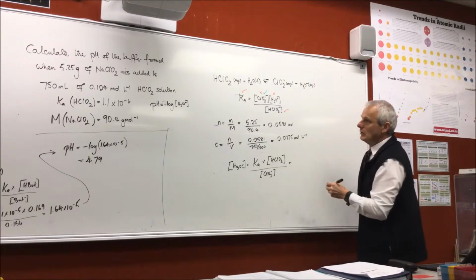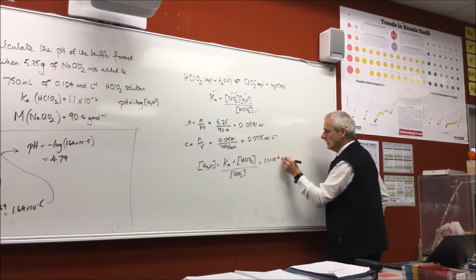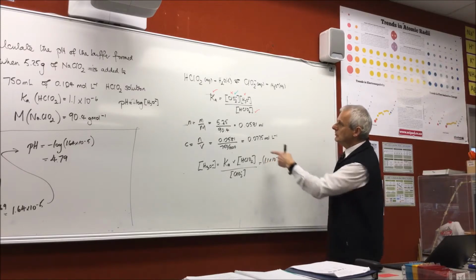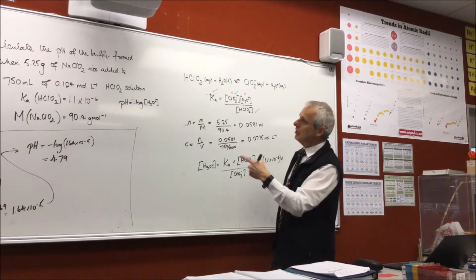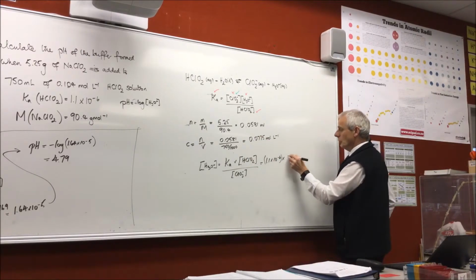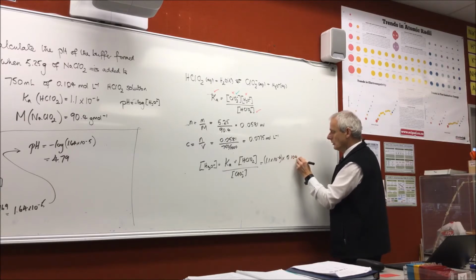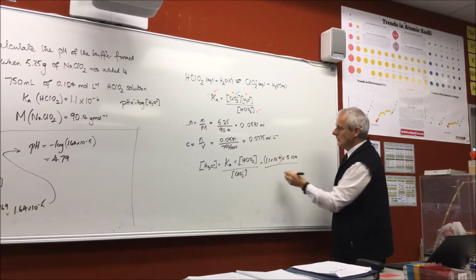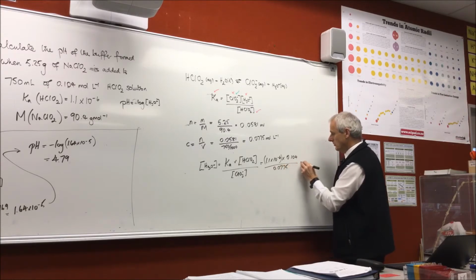So that's 1.1 times 10 to the minus 6 times the concentration of HClO2, which we are given up there, which is 0.104, and then we divide it by 0.0775. Somebody calculate that.